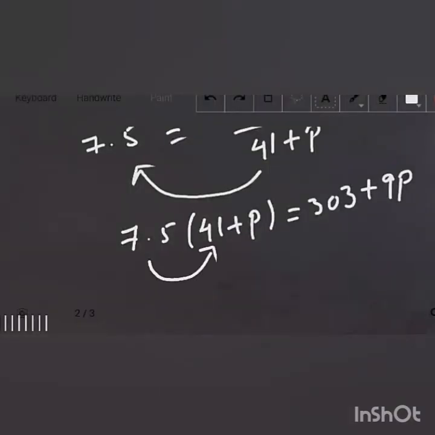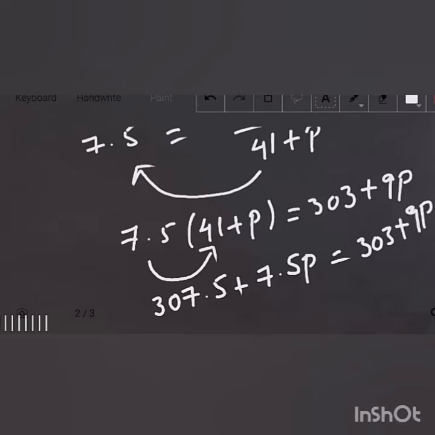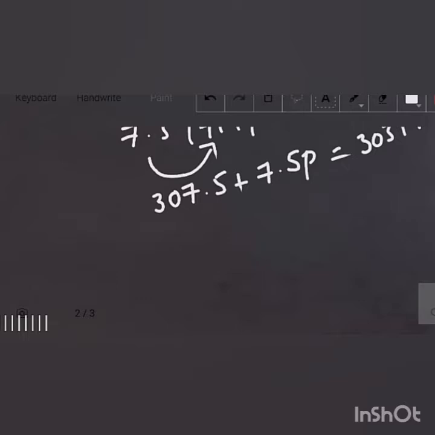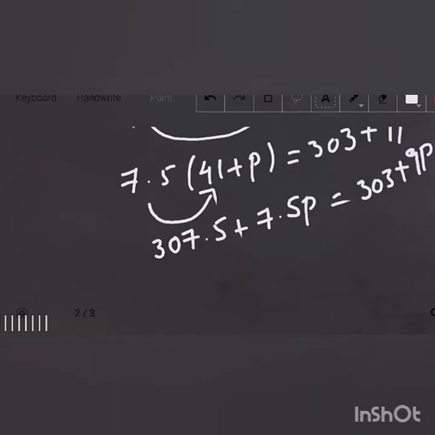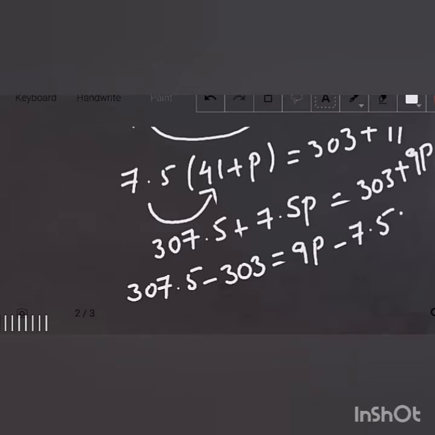7.5 into 41 is 307.5, plus 7.5P, equals 303 plus 9P. Taking all the P terms to one side and the constants to the other side, we get 307.5 minus 303 equals 9P minus 7.5P.